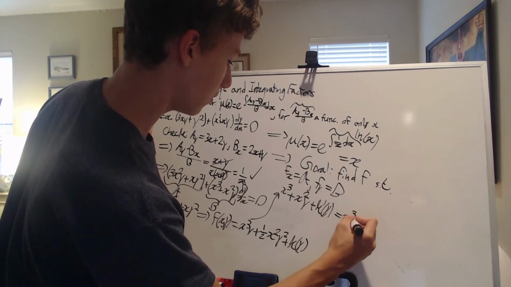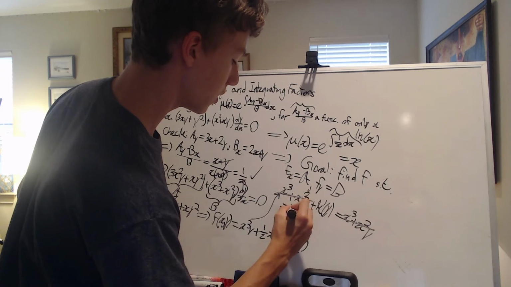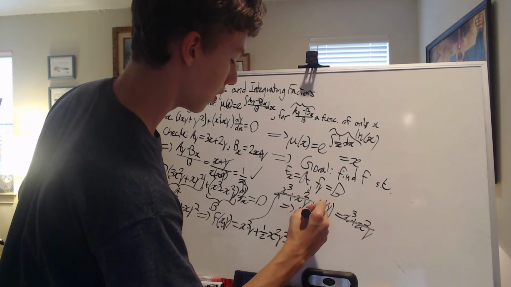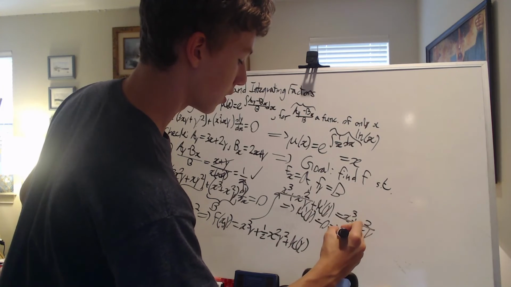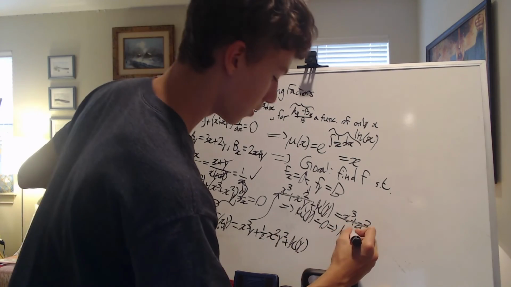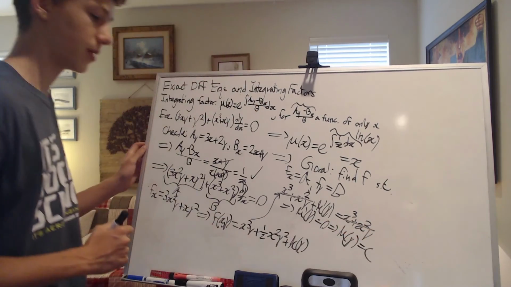So x cubed plus x squared y, we cancel that out, namely that implies that k prime of y is equal to 0, which implies that k of y is some constant, right?